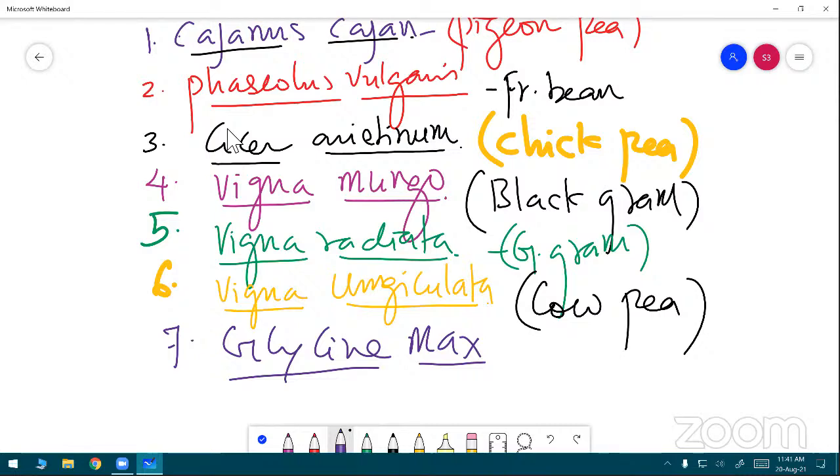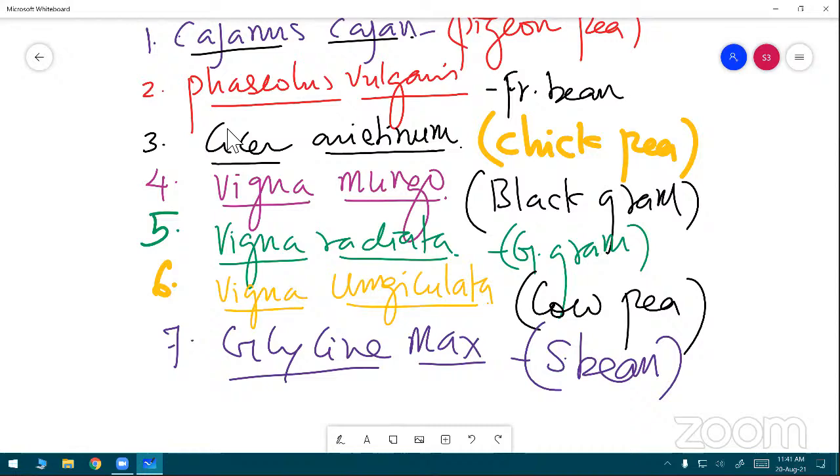Glycine max is the binomial of soya bean, which contains a rich amount of protein. And one more, that is horse gram, Macrotyloma.